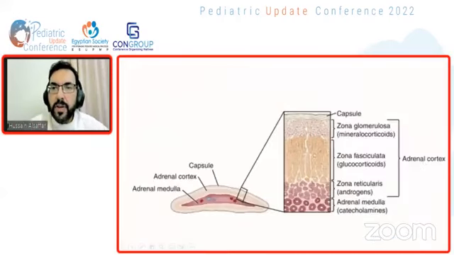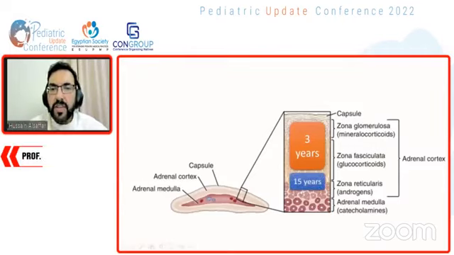The glomerulosa forms about 10 to 15%, and the main bulk is for zona fasciculata, 75% of the cortex, and then the reticularis. The differentiation of these cells is usually completed by 3 years of age, but the zona reticularis, where the androgens are going to be formed, may take up to 15 years for the differentiation to happen.